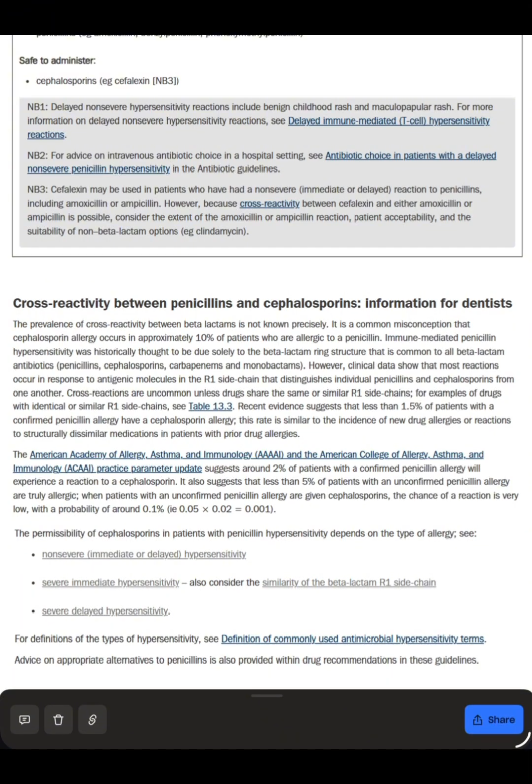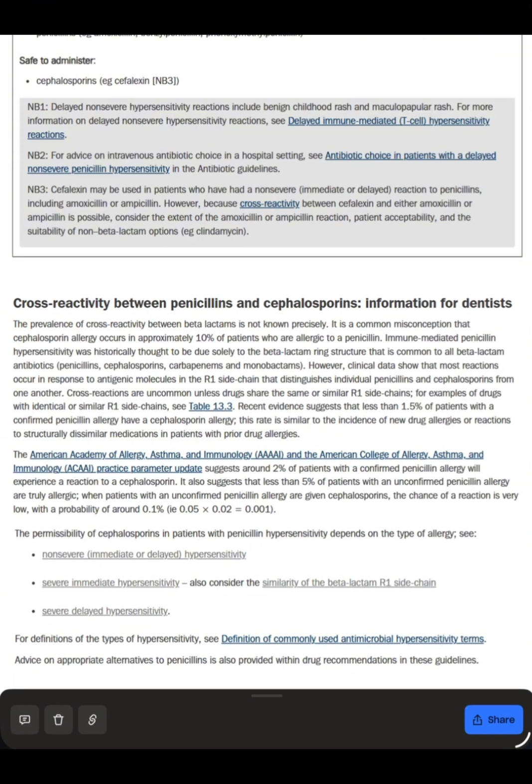It also suggests that less than 5% of patients with an unconfirmed penicillin allergy are truly allergic. When patients with an unconfirmed penicillin allergy are given cephalosporins, the chance of a reaction is very low, with a probability of around 0.1%. So that is too low.